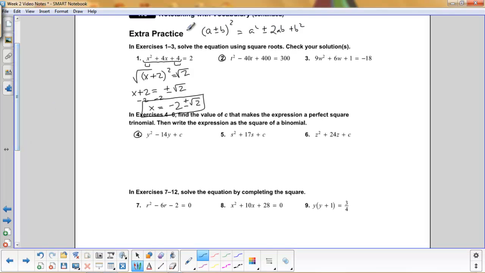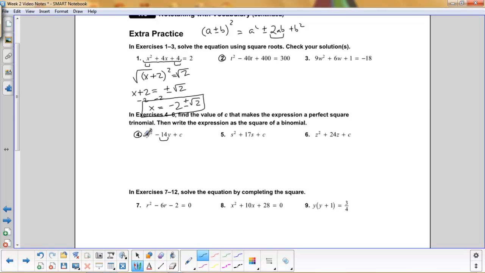All right, so what I've got to focus on now is the value of b, the central term here. So that's going to be negative 14y equals 2 times a times b. Well, I know that a is the value of y because a squared is y squared.